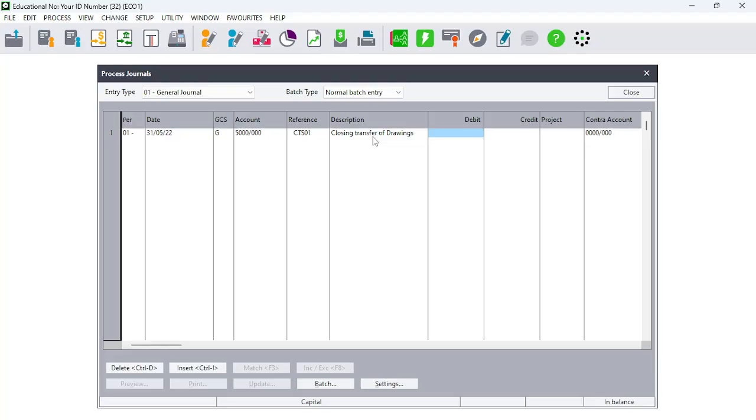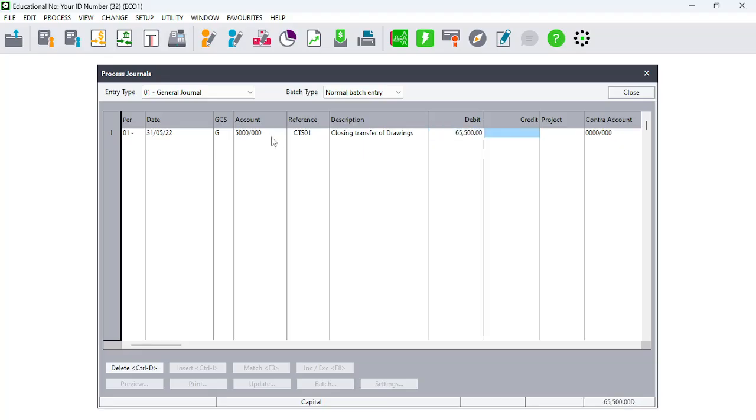And as mentioned, this is your capital. The amount must always, always by default appear on the debit column. So you then enter the amount. In order to get the amount, you will have to go back to page 6 and you'll notice that drawings was 65,500.